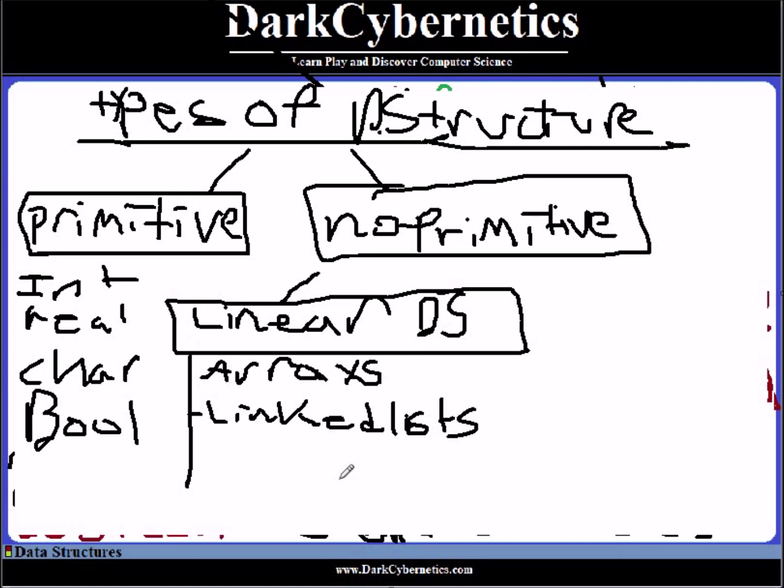The arrays, linked lists, and there would also be, of course, stacks and queues. First in, first out, last in, first out. Well, that may be backwards, but we will get to it later.